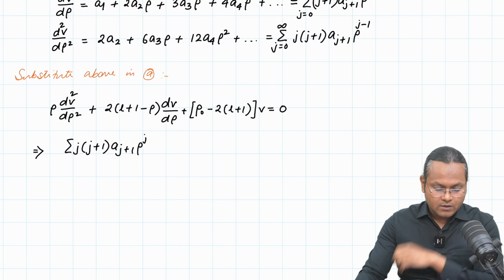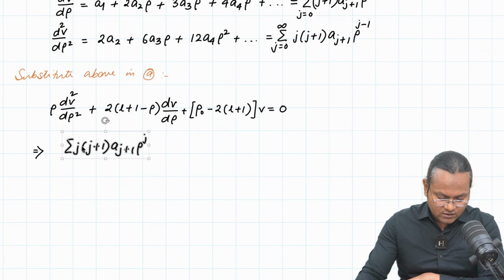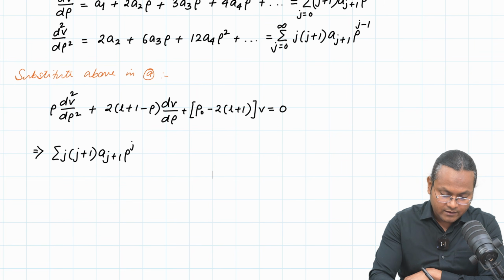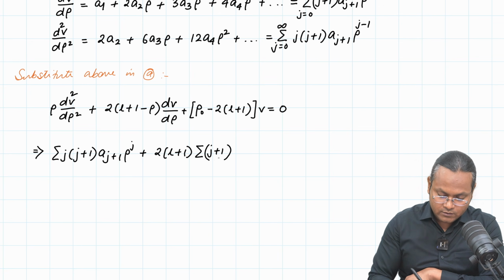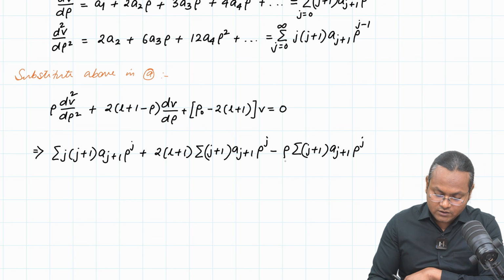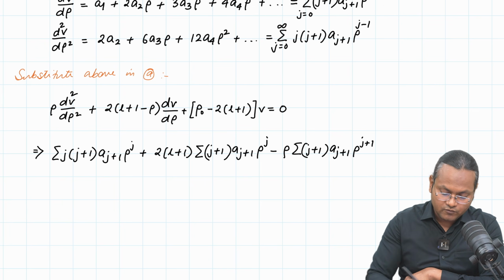That's it. Okay. And the second term will become something like plus 2 L plus 1. Let's separate this. Summation over (j plus 1) a_(j plus 1) rho to the power j minus rho summation over (j plus 1) a_(j plus 1) rho to the power j. So if the rho and the rho get multiplied, we get rho to the power j plus 1, and I remove the rho from here.